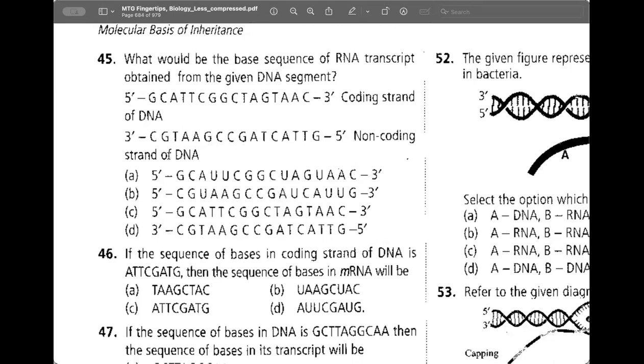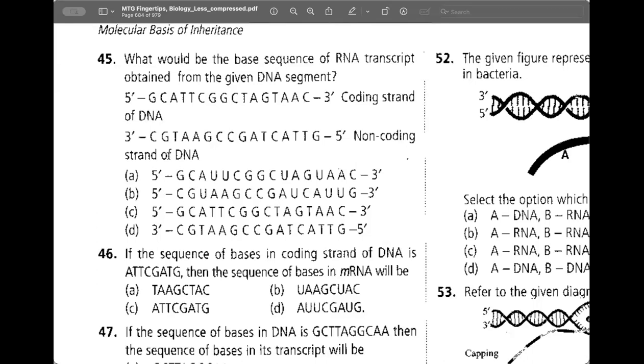Coding. So the coding strand is called coding strand because it provides the code for the RNA, right? Whatever is the sequence of the coding strand will be the sequence of the RNA.